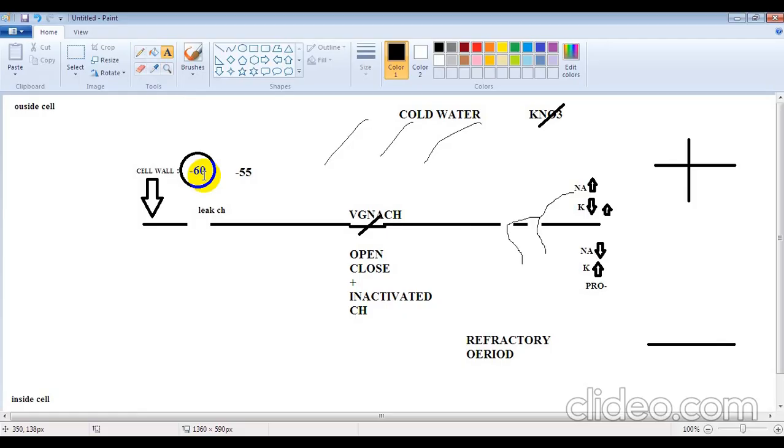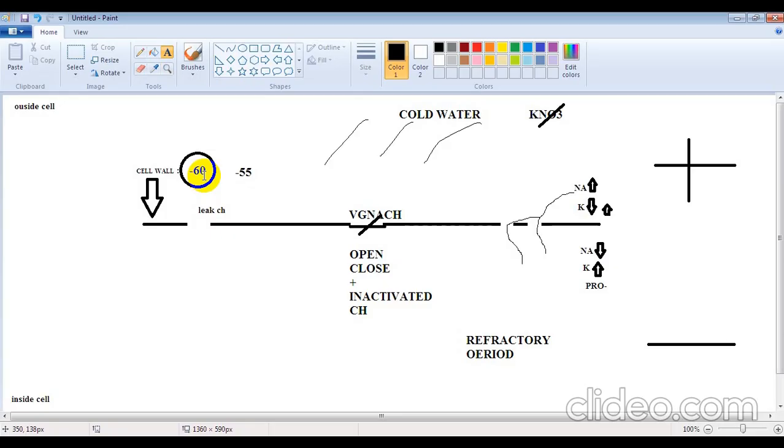The channel expects that it was open a moment ago, and now it's in the refractory period. It cannot open again until the membrane potential returns to minus 70. But we use potassium nitrate, so the potential never returns to minus 70. It always remains around minus 60.